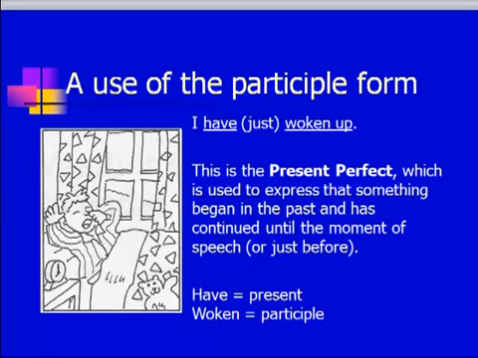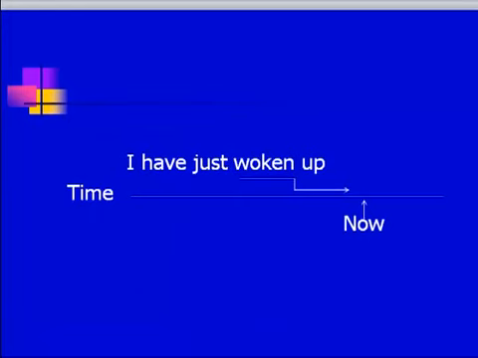And what you have here is have being present time and woken a participle form. Together they formed what is called the present perfect, and that's used to express that something began in the past and has continued until the moment of speech or just before. So I've woken up, I've just woken up.